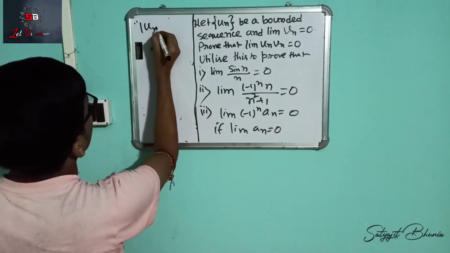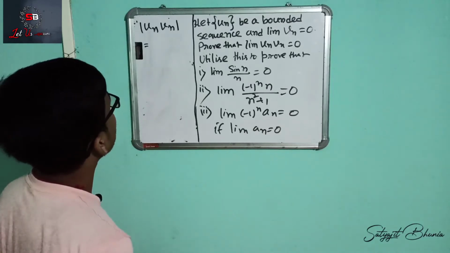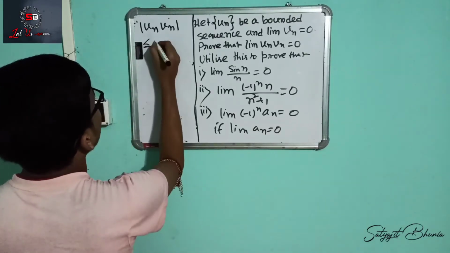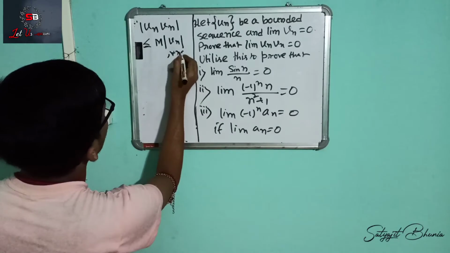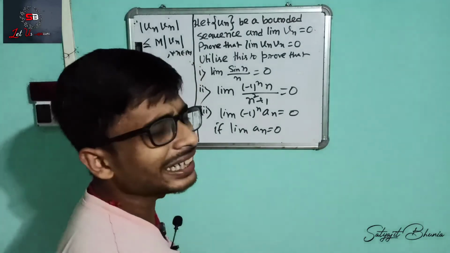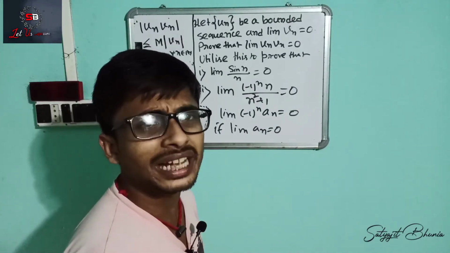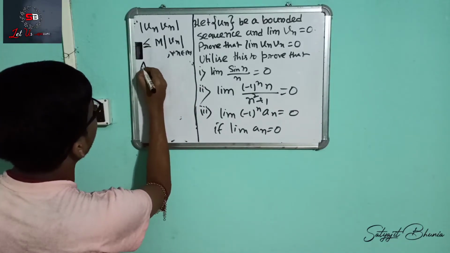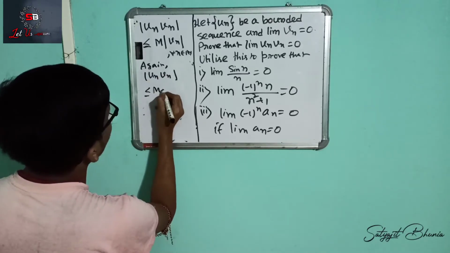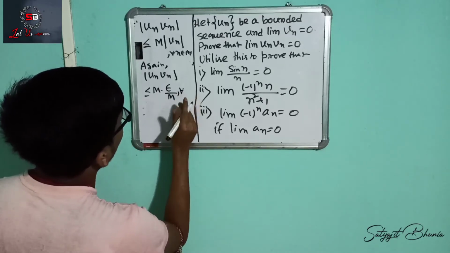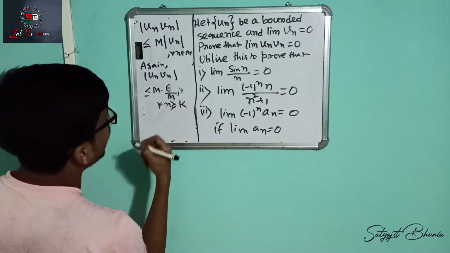So mod of un into vn is less than or equal to M into mod of vn for all n, and since mod vn is less than epsilon by M for all n greater than or equal to k, we can write again mod of un into vn is less than or equal to M into epsilon by M for all n greater than or equal to k.